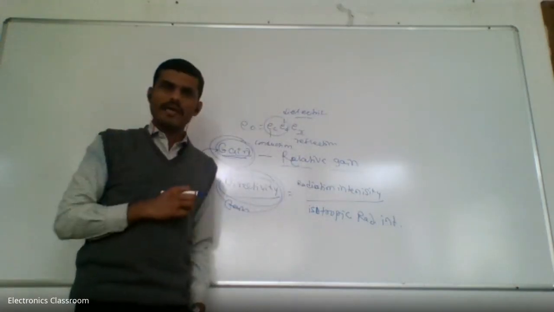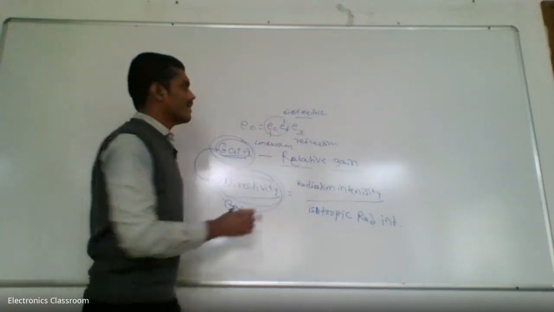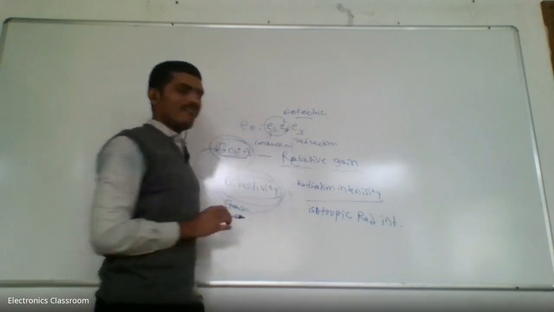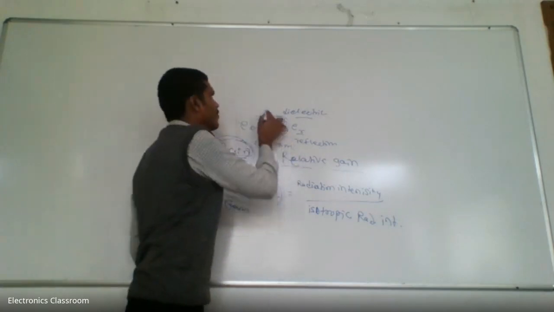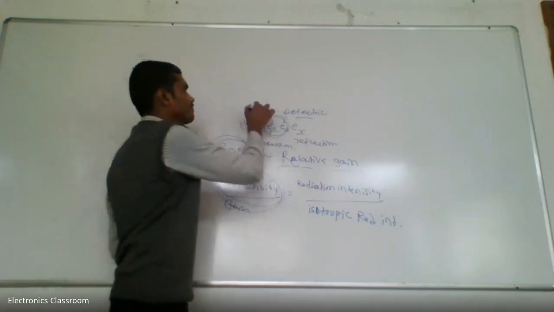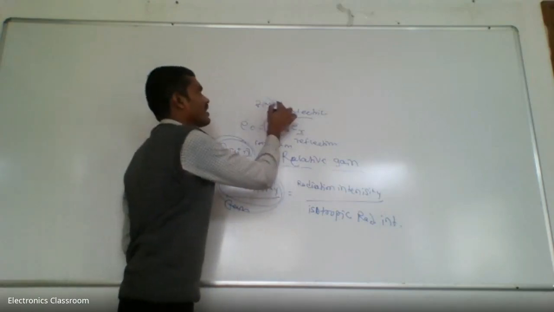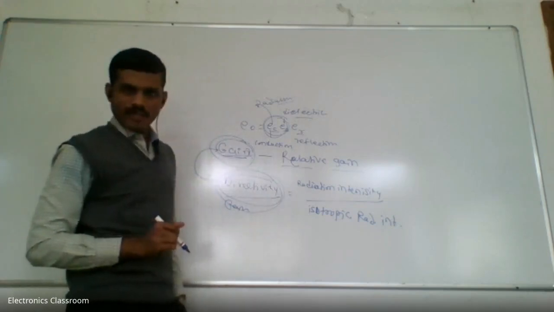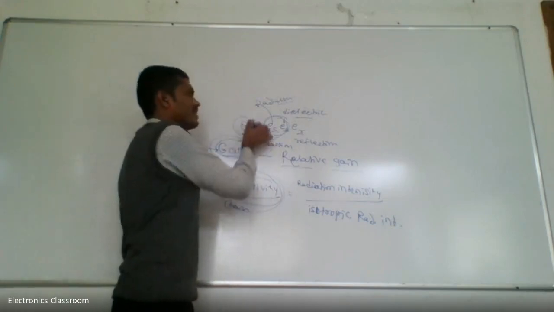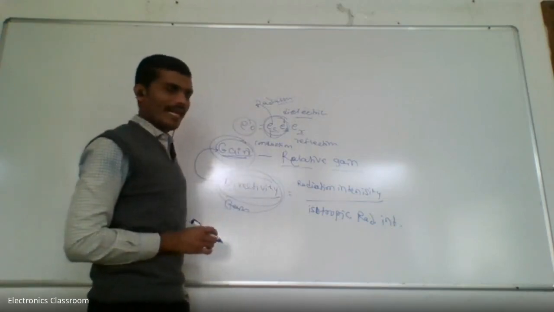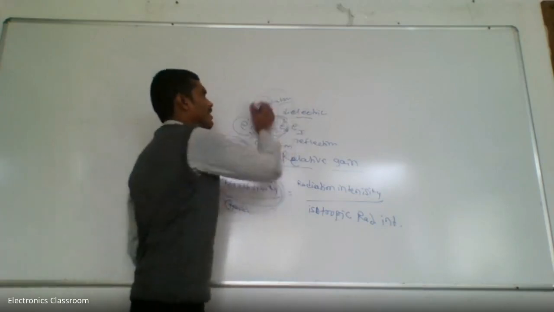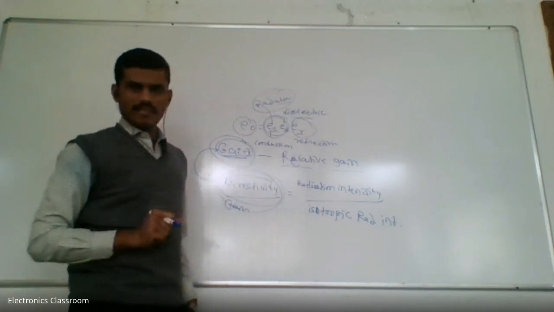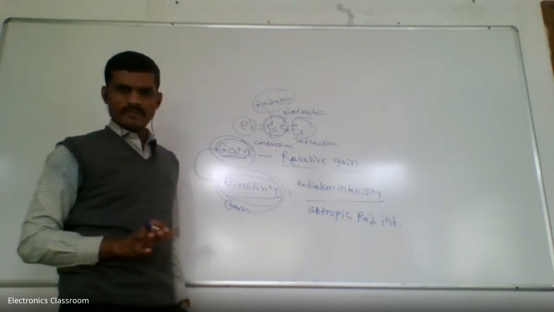Now this conduction and dielectric efficiency are combinedly called the radiation efficiency of that antenna, and your total efficiency of the antenna can be calculated by using radiation efficiency and reflection efficiency. Is that clear?